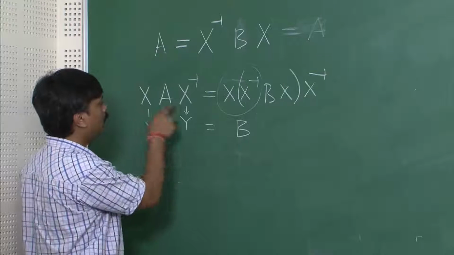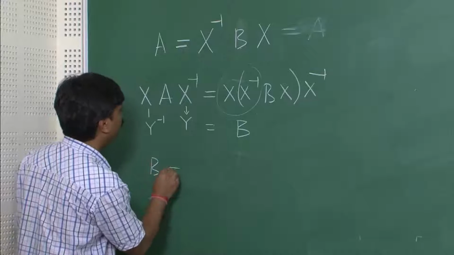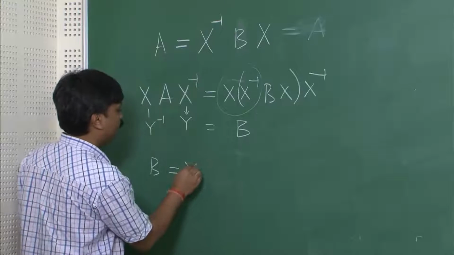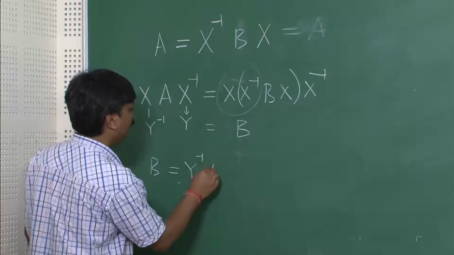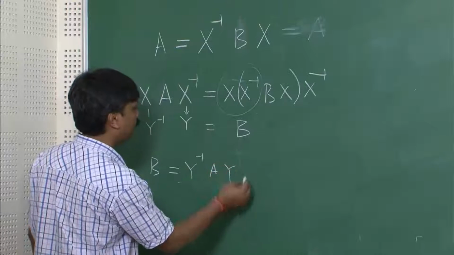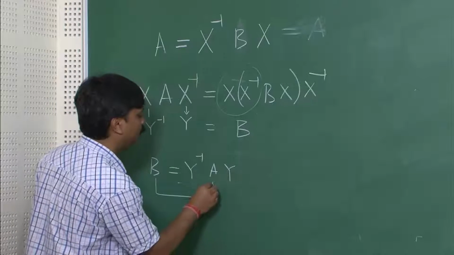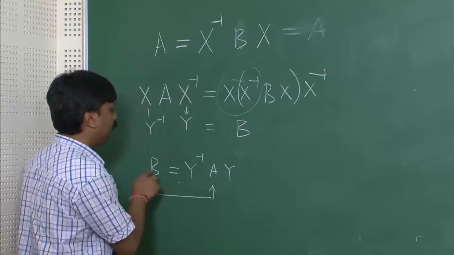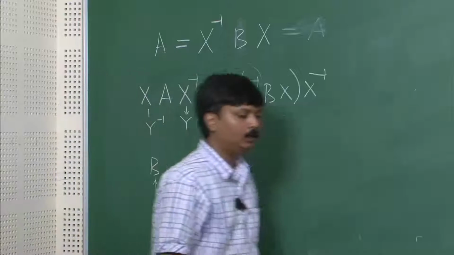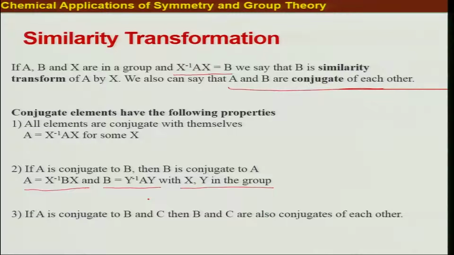So then what I can write for this part is B equals y inverse A y. Okay. So then according to the law of similarity transformation, B and A are conjugate again. So we have seen that if A is conjugate to B, then B is also conjugate to A.